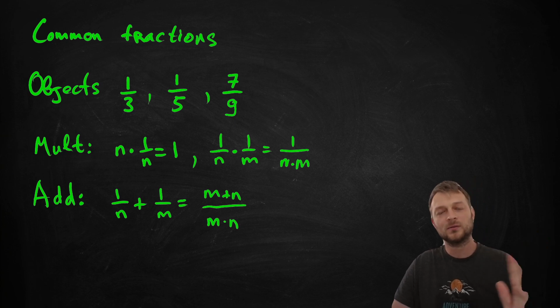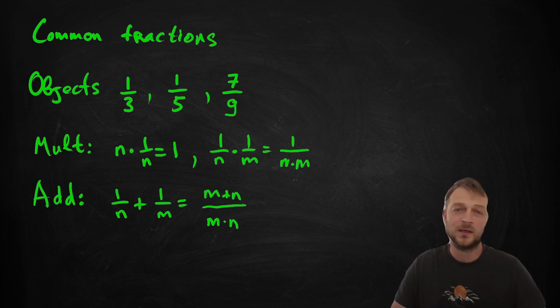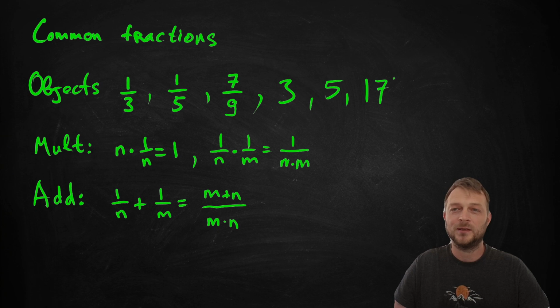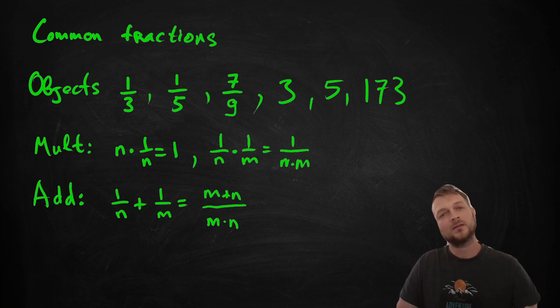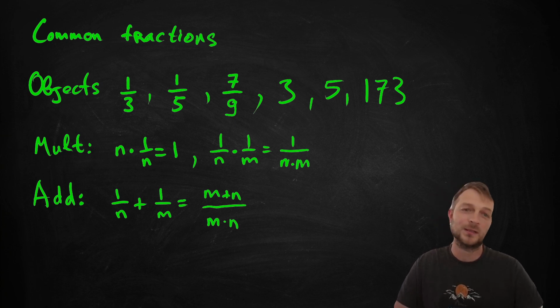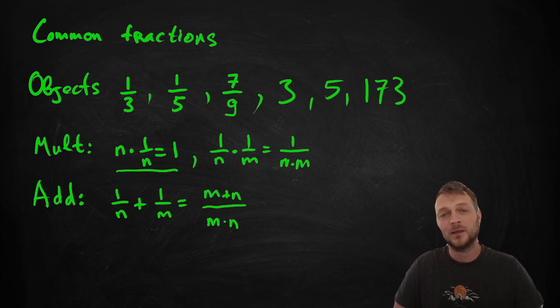Common fractions on the other side are objects like 1/3, 1/5, 7/9, or I can also add here just natural numbers 3, 5, or 173, doesn't matter. So all these numbers are objects in this space, and we have special multiplication operations that I also noted here, like n multiplied by 1/n is equal to 1.